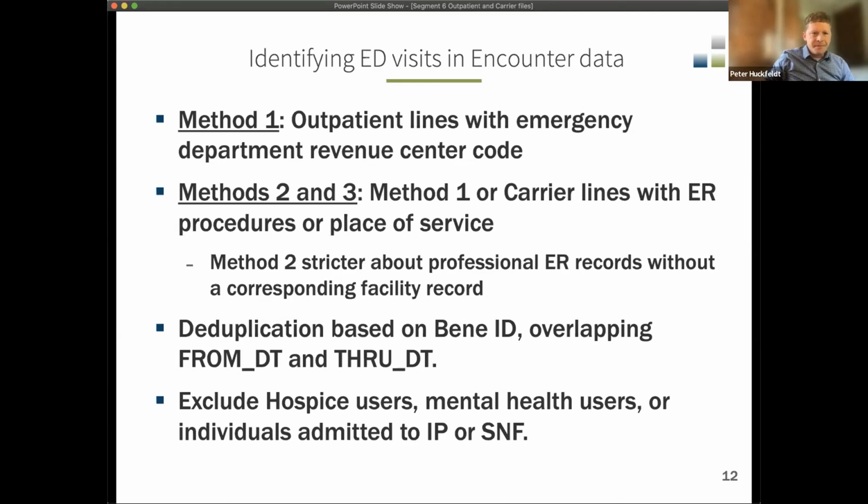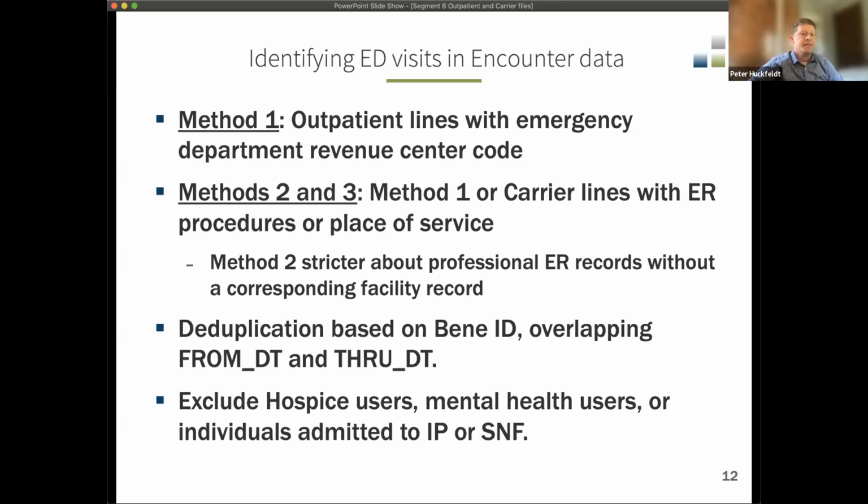The general idea here is that method 1 just uses the outpatient file. Methods 2 and 3 use both the outpatient file and the carrier file, and they were just a little bit stricter about which carrier ER records we included.